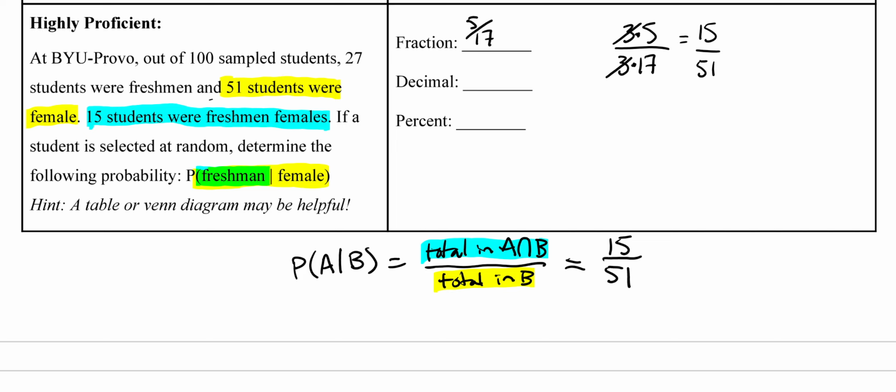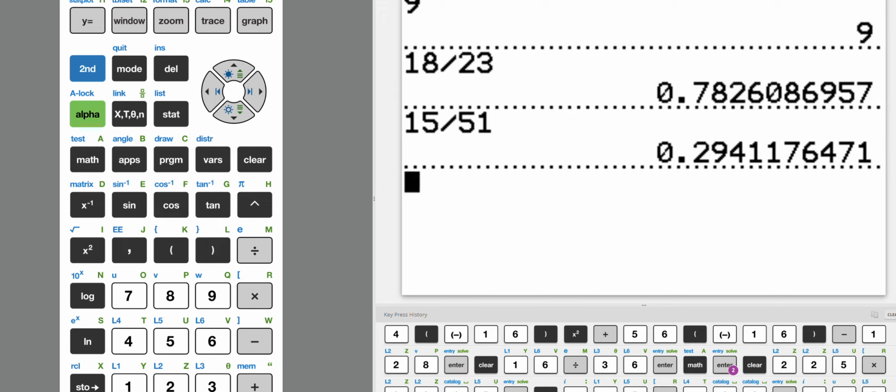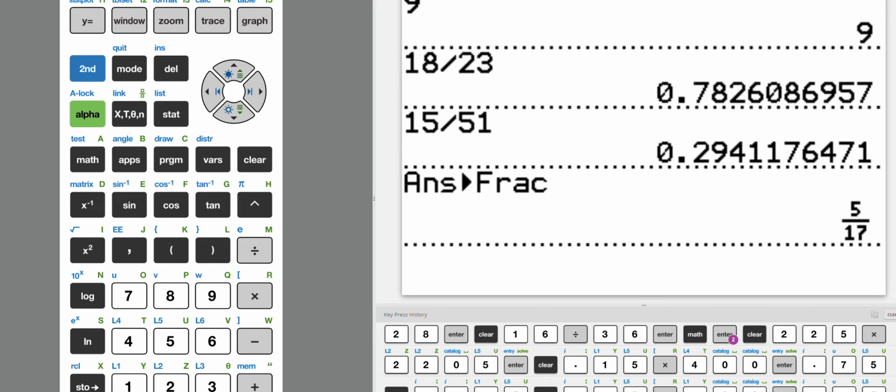As a simplified fraction. Bear in mind, you can do this on your calculator. If you take 15 divided by 51, this is an example of how it might look on a Texas Instruments TI-84. I hit enter, and it gives me that decimal. But then if I hit math and then enter twice, it'll give it back to me as a simplified fraction, 5/17.